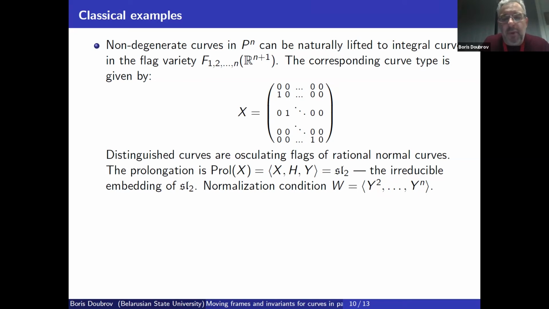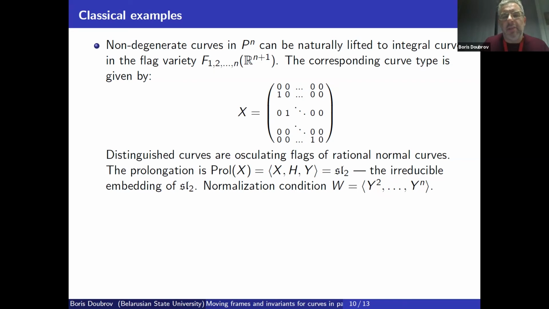A very standard example, the generalization of the example we had last time, of integral curves, of curves in P2. Suppose we have an arbitrary non-degenerate curve in Pn, and non-degeneracy means that it doesn't belong to any linear subspace of smaller dimension.